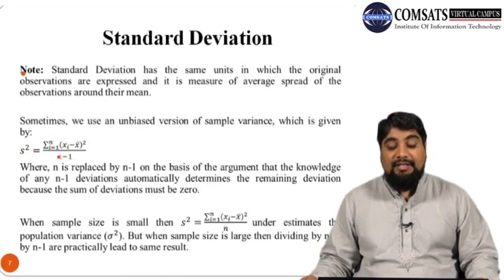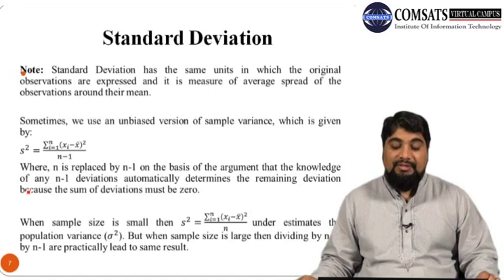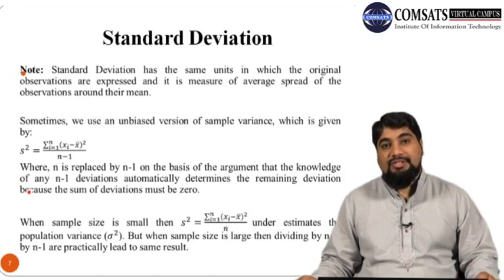Note that in this case in the denominator we have n minus 1, but in case of the original formula for the variance we have small n. Here n is replaced by n minus 1 on the basis of the argument that the knowledge of any n minus 1 deviations automatically determines the remaining deviation, because we know that sum of deviations must be 0.